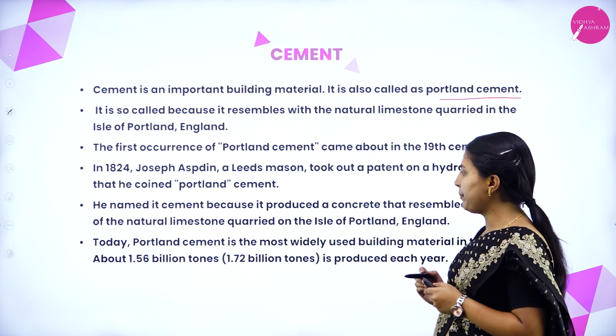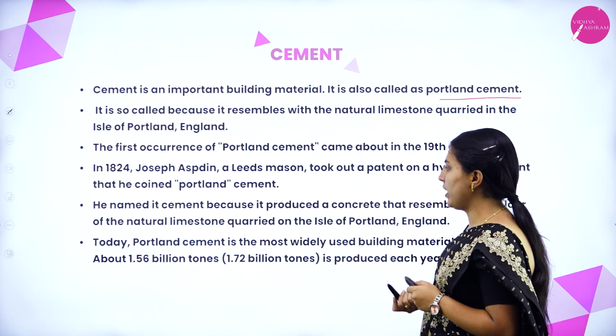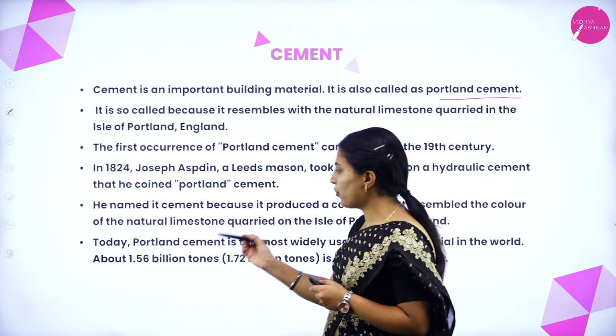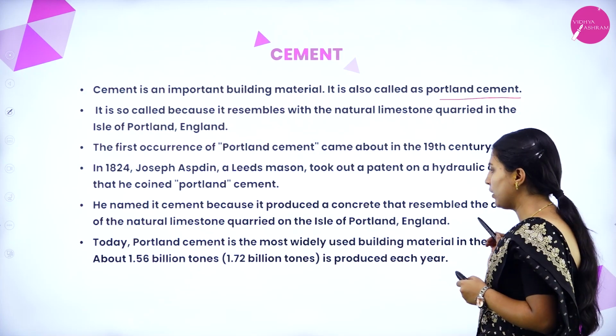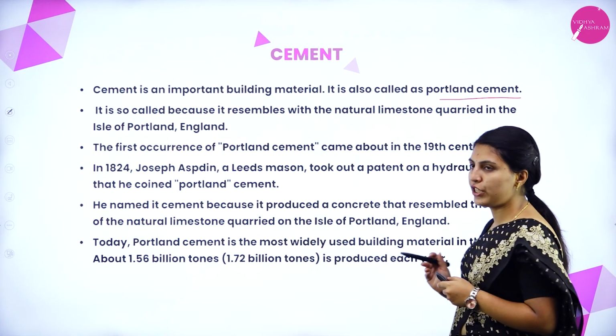He named it cement because it produced a concrete that resembled the color of the natural limestone quarried on the Isle of Portland, England. Today, Portland cement is the most widely used building material in the world. About 1.56 billion tons is produced each year.